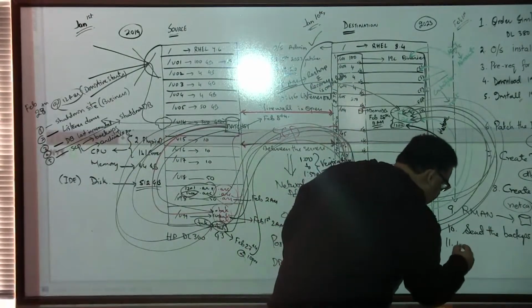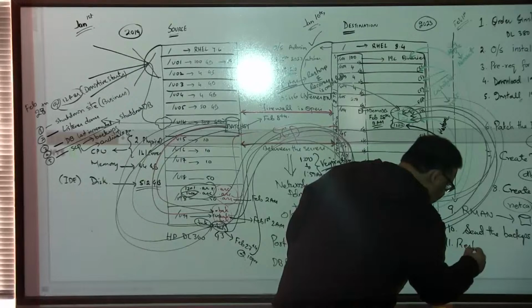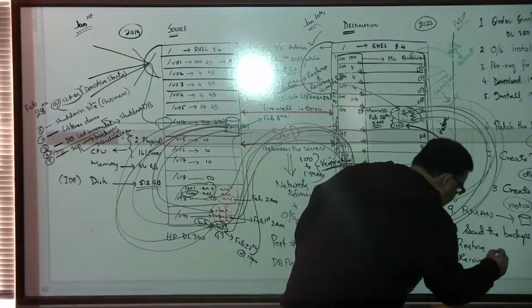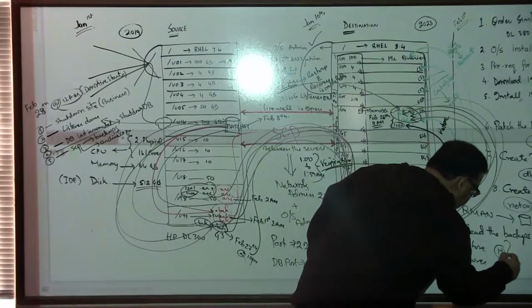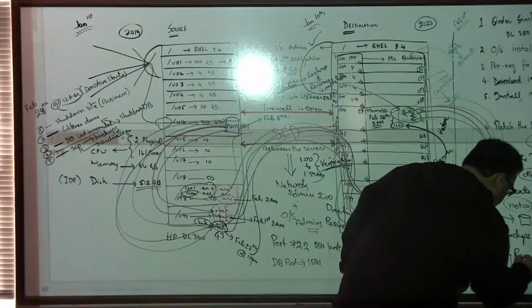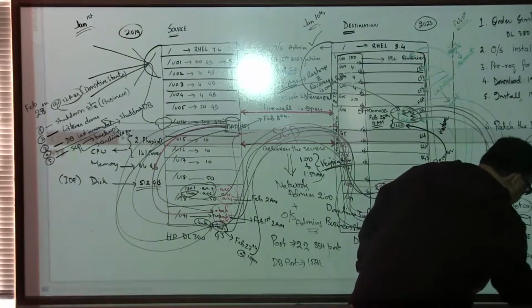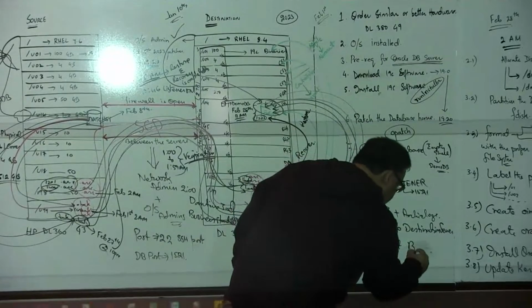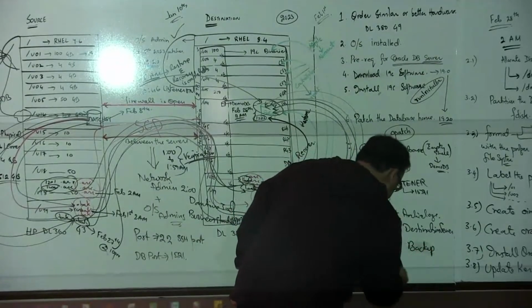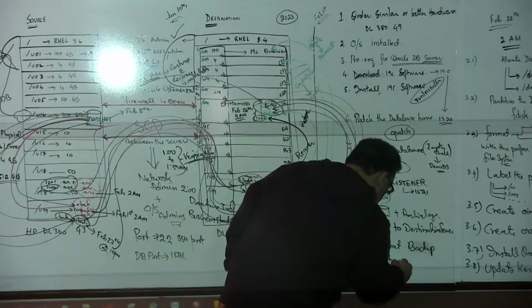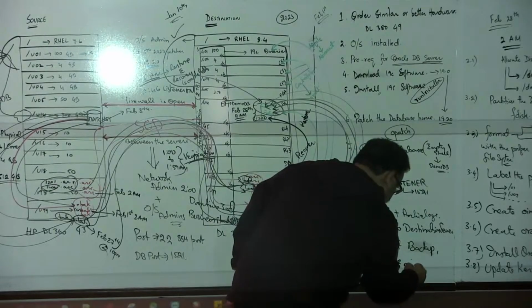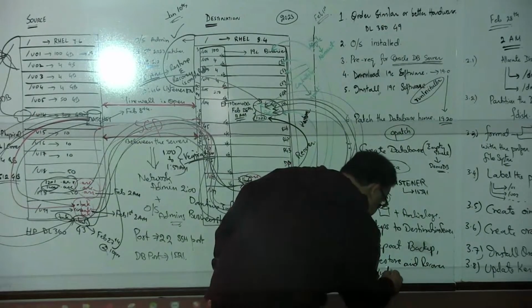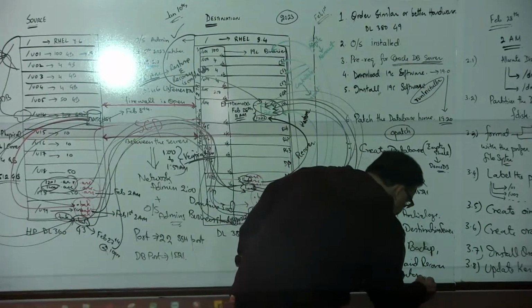So number 11 here is to restore. Number 12 is recover. Number 13, keep repeating: backup, restore, and recover until cutover date.